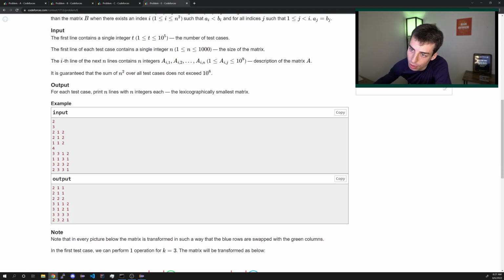So 1 3 1 1 3 2 2. Oh, this is interesting. And then 1 1 3 2. Yeah, this one not sorted is interesting. I guess because it's tied to this one, huh?